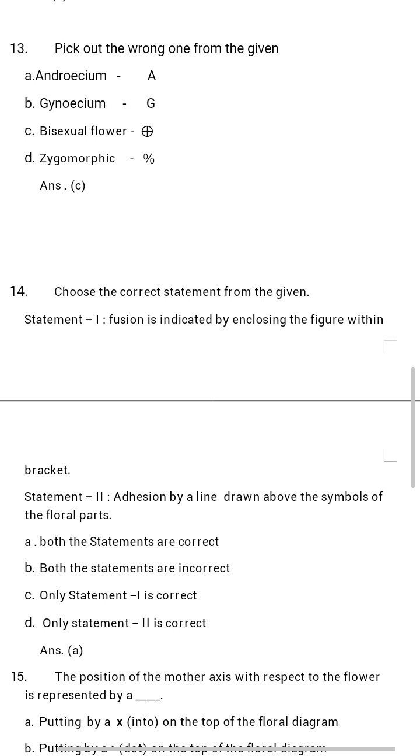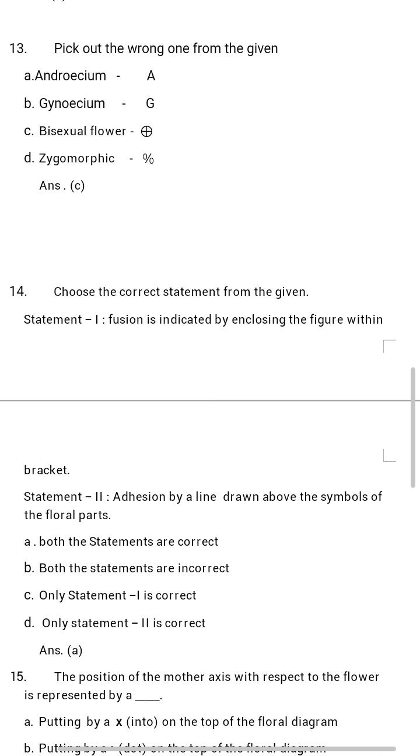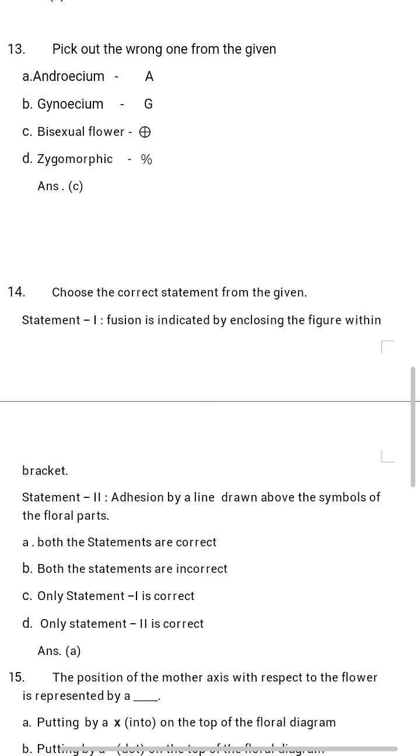That is bisexual flower. Understood? So the wrong one is option C only from the given four options. Zygomorphic is indicated with a small code, briefly, it is nothing but the percentage symbol. Understood? So the correct option for this question is option C.